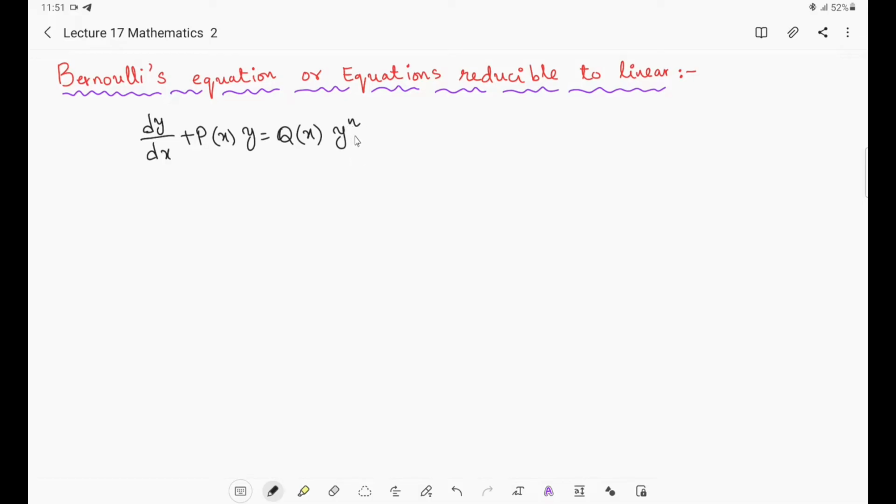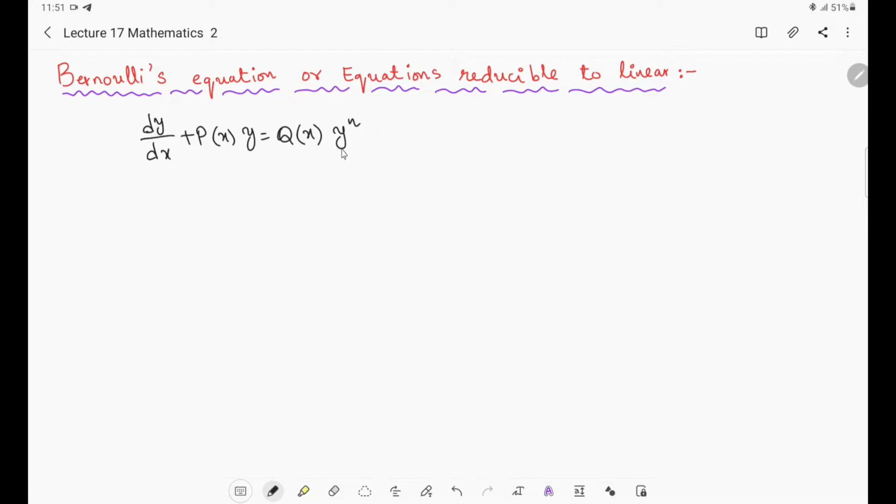As I told you in the last class, a linear differential equation is nothing but an equation in which the dependent variable y and all its derivatives, dy by dx, d square y by dx square and so on, should be of degree 1, and they are not multiplied together in any term. If this condition is satisfied, then the differential equation is said to be linear.